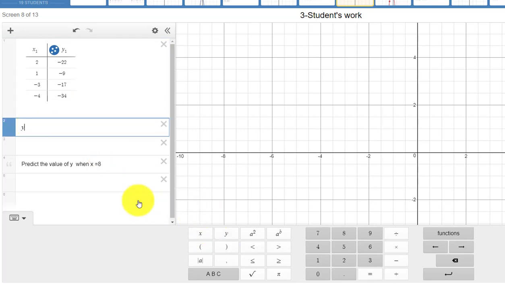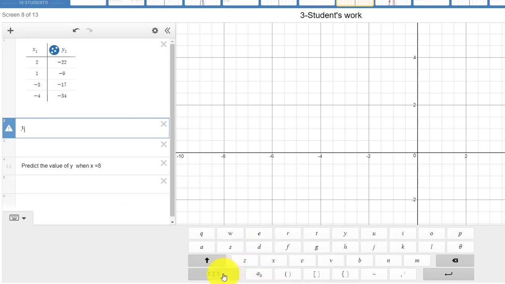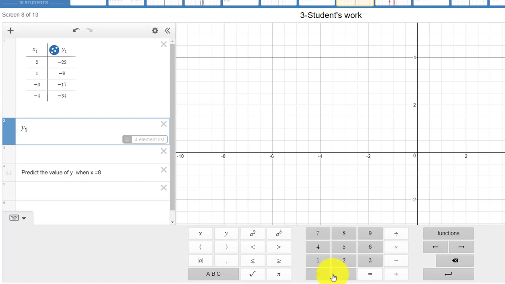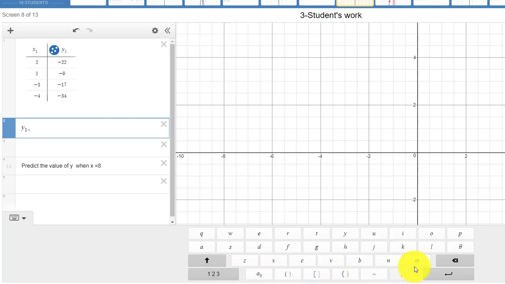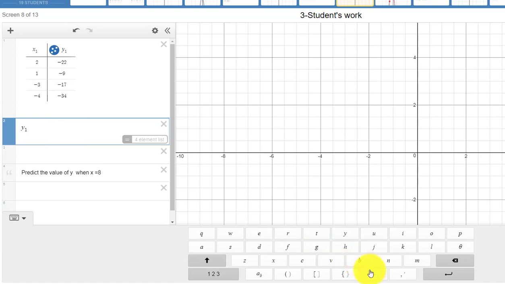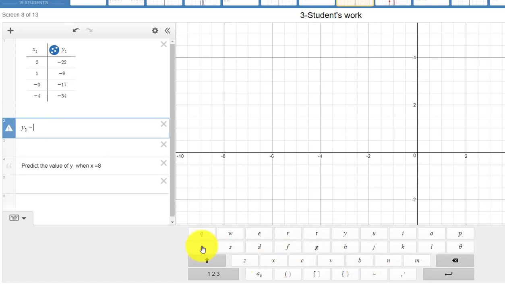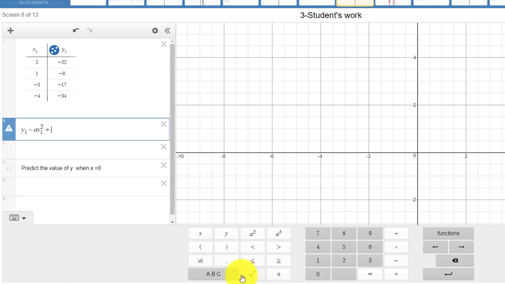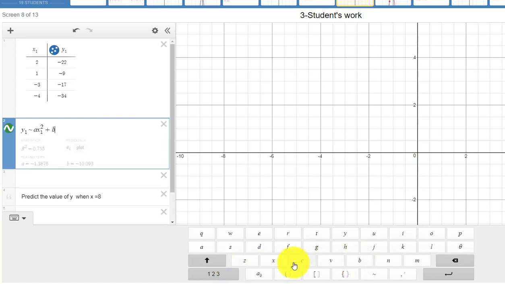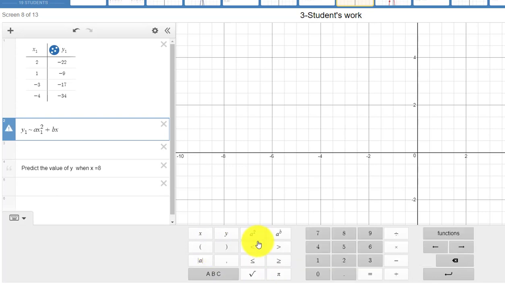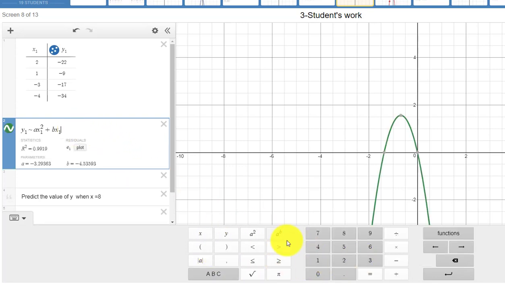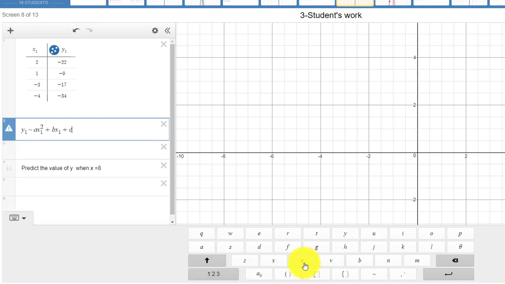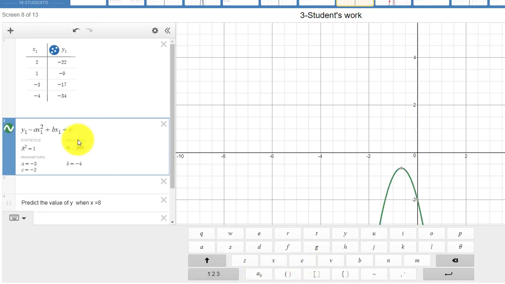So y sub 1, subscript 1, and then the regress symbol. Alright, so let me go back, click here, regress symbol, then a x subscript 1 squared plus bx sub 1, and then plus c, and this will give us the value of your a, b, and c.